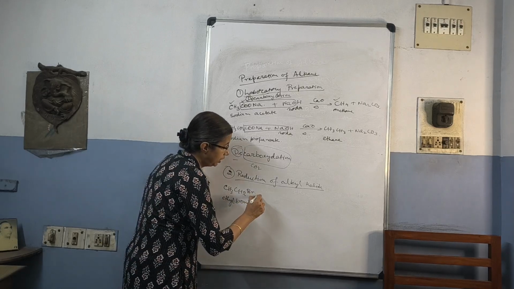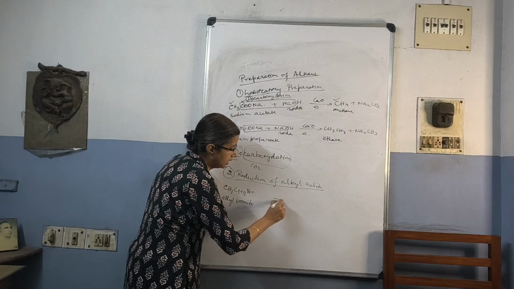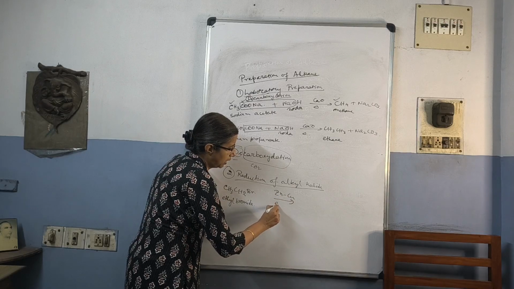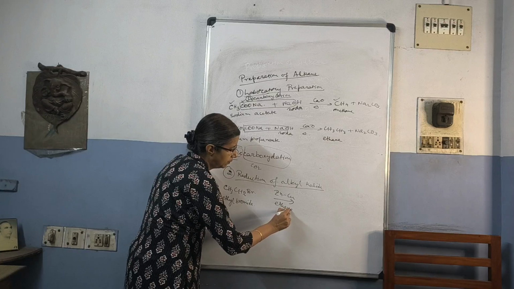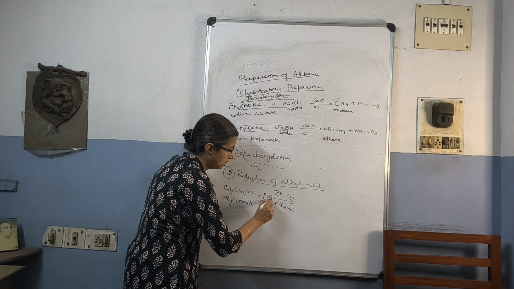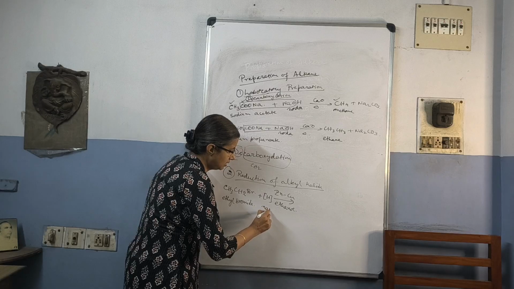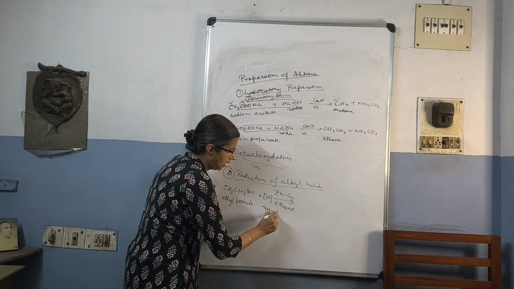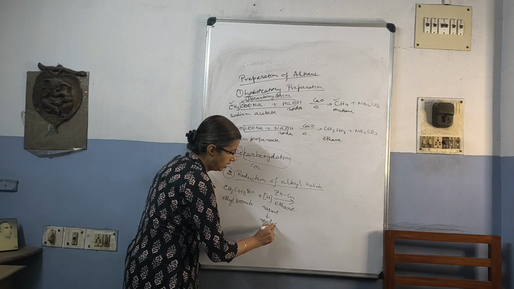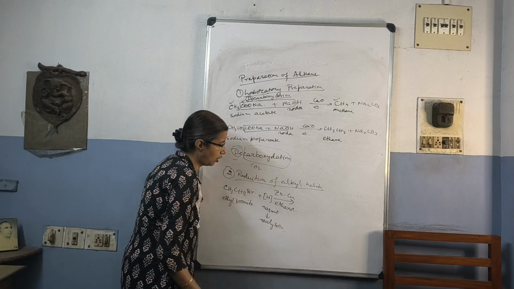Now to reduce, we have to add some reagent, that is the catalyst zinc copper couple and ethanol, which will produce nascent hydrogen. Nascent means newly born, just formed, in the atomic state.